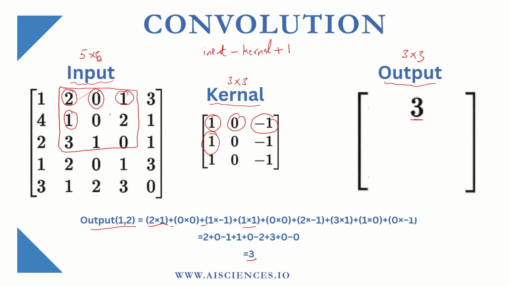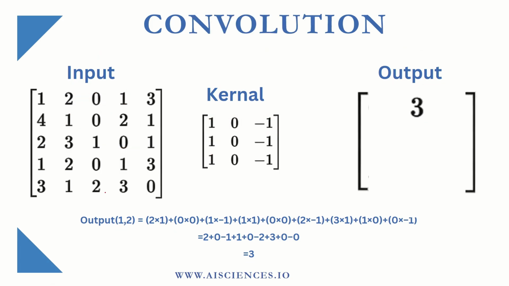Now, if I remove everything from here, and I ask you to fill the value over here, how would you fill it? Obviously, you will go back. You will shift the filter to this window, and you will compute the dot product of the kernel and this submatrix. Once it is done, you will put the value over here. Then you will shift the window over here. This process is called convolution. You're convoluting the window, right?